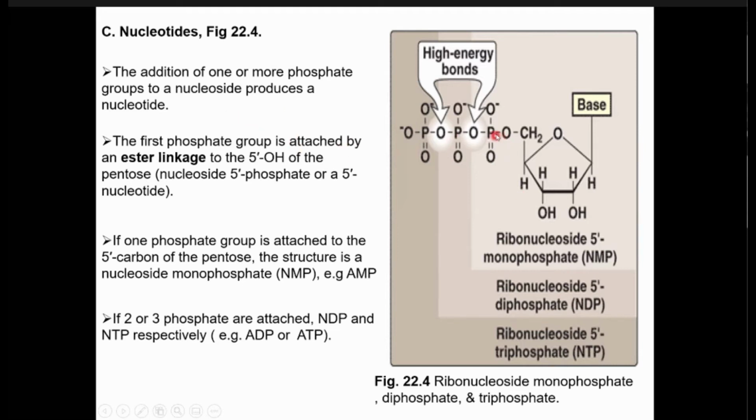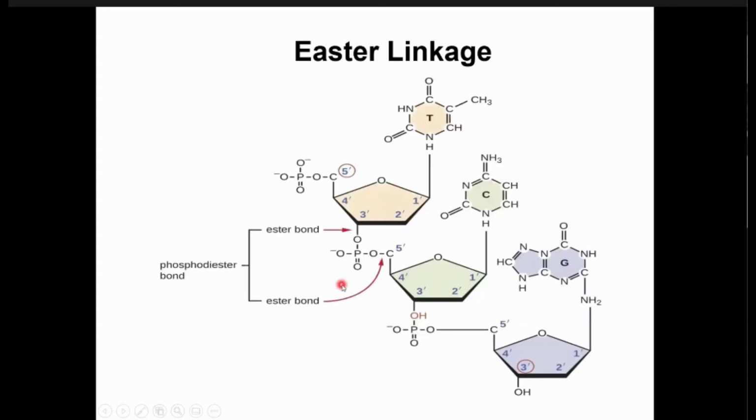The first group here is what we call an ester linkage. This is when the oxygen from the sugar molecule is linked to the phosphate, we call it an ester linkage. This is just if you want to see the ester linkage clearly.